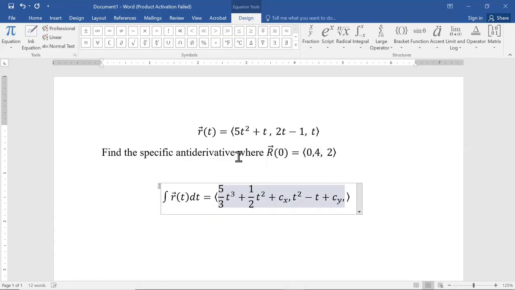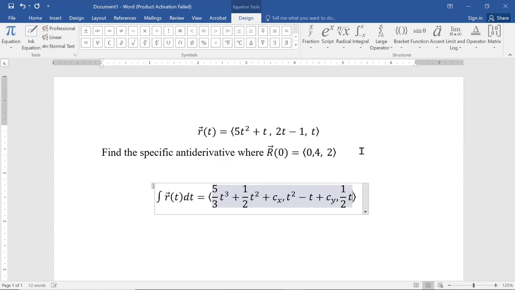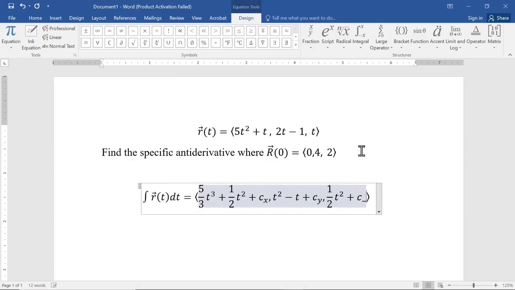And then lastly, the antiderivative of t is 1/2 t squared. Now we're going to have to add a constant this time, a constant in the z part. And so that's my new vector valued function. And if I throw in any constant in the x component, and then in the y component, and then in the z component, I'm going to get some antiderivative.